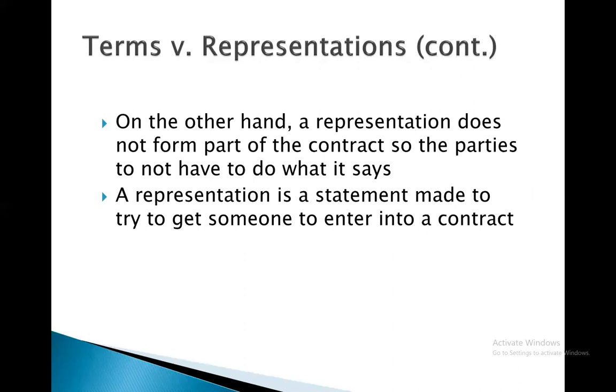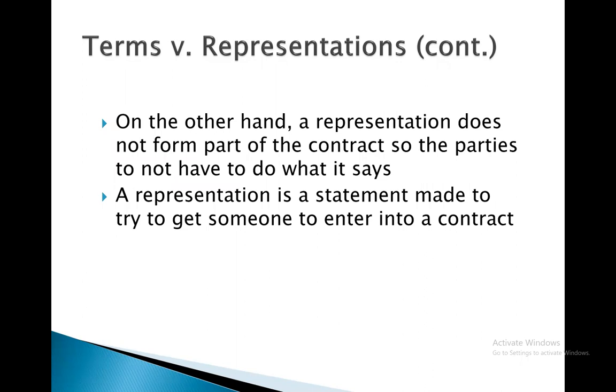So the maker of the representation we can call the representor, and the other party to whom the statement is made we can call the representee. The representor would like the representee to make up his or her mind to enter into a contract.